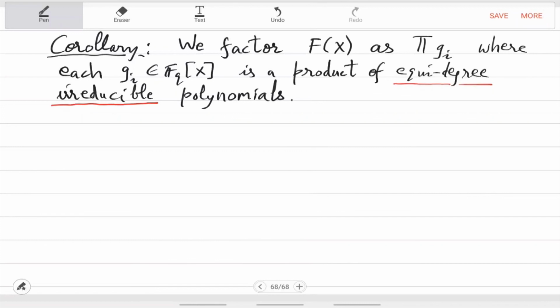Is that clear? So this also takes the same time. In the same cubic time you can get equidegree factorization.